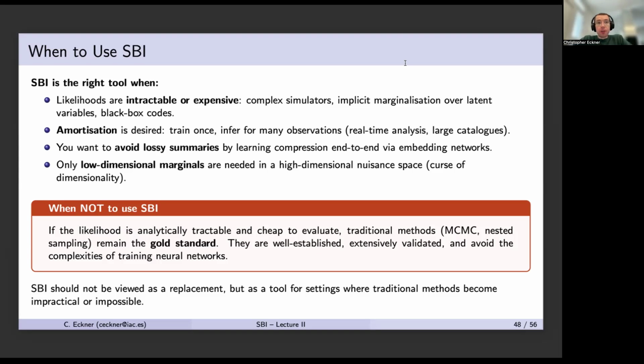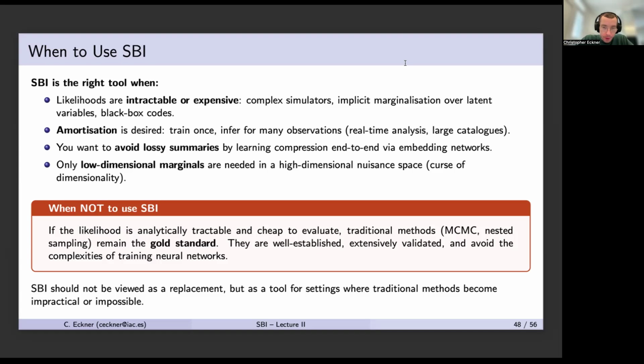You might also want to use simulation-based inference if you want to avoid the use of handcrafted summary statistics that embed your data in a low-dimensional space and work in a particular situation, because then you can feed it into a likelihood.